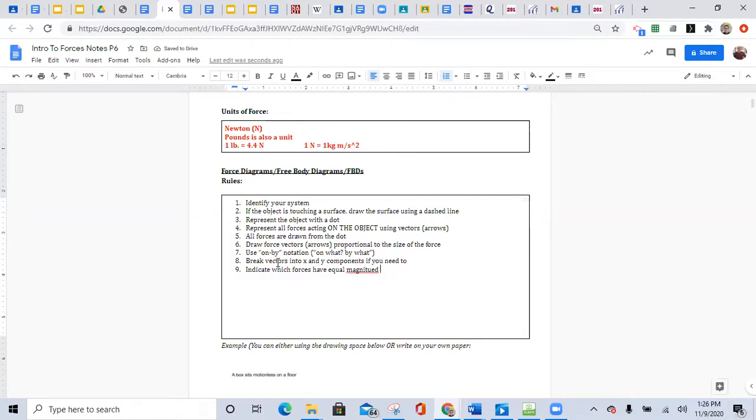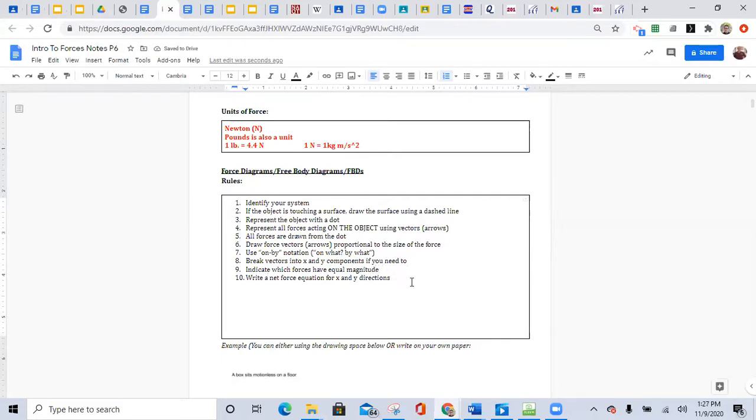And then finally, write a net force equation for X and Y directions. So if it's moving in more than one dimension, you will need to make 2 equations. If it's only moving in one, you'll only need to make 1.